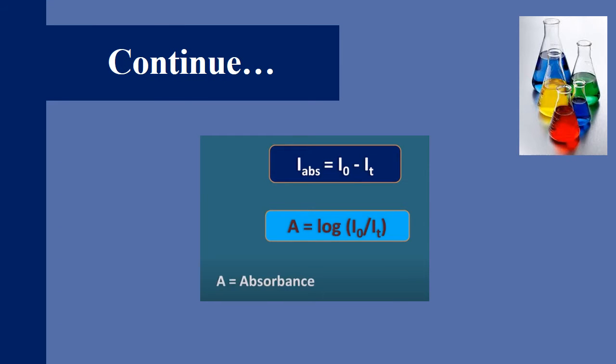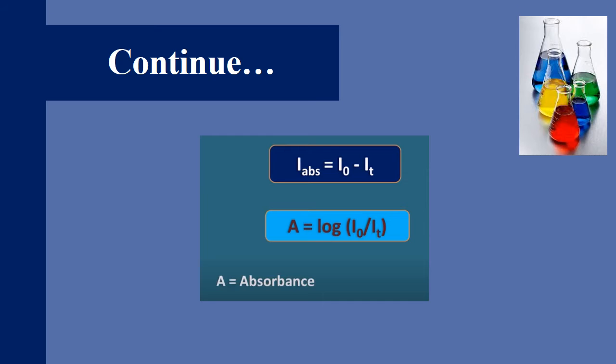So the intensity of the absorbed light is the difference between the light intensity incident on the sample solution minus the intensity of the light transmitted. We are not going to measure the intensity of the absorbed light.